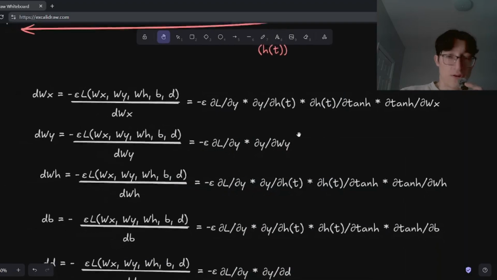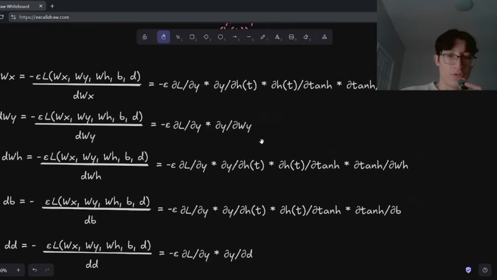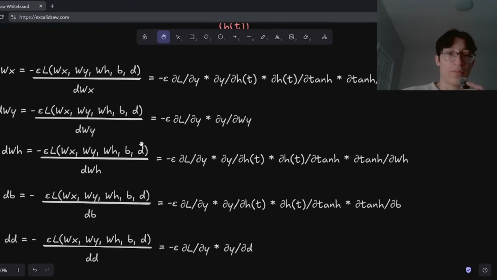So instead of looking at the diagram above, which looks kind of scary, I went ahead and wrote down here some of the formulas for how we can see how each parameter affects the loss. For example, if we look at the input weights, Wx, the way in which we perform gradient descent to minimize the loss is that we take this negative epsilon, where epsilon is our learning rate, and we multiply it by the derivative of the loss with respect to the input weights.